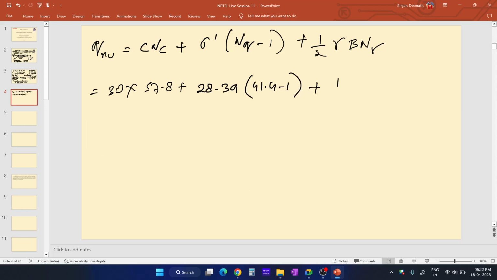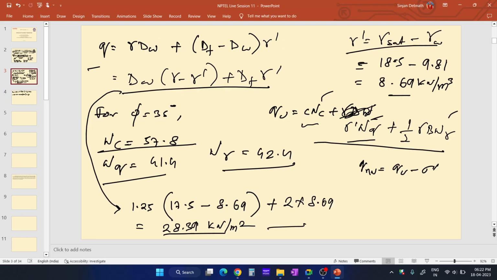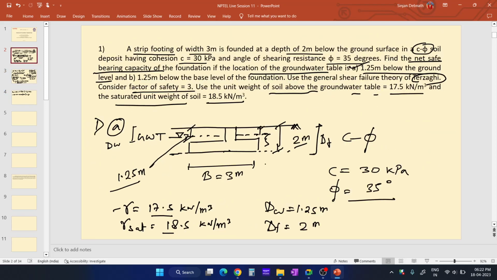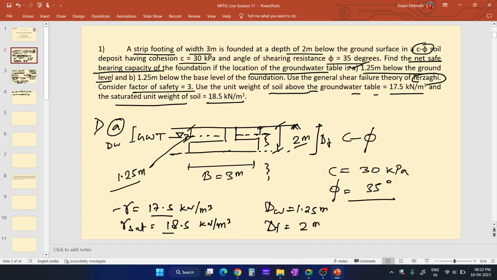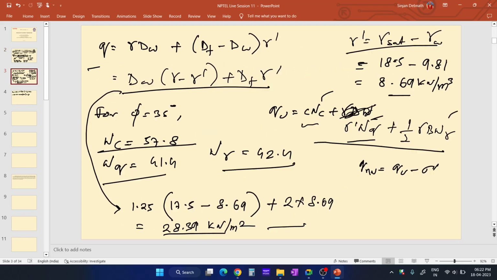So 41.4 minus 1, plus half into gamma. Gamma is the unit weight of the soil below the base of the footing, and it is totally submerged. So we will use the submerged unit weight of the soil, which is 8.69.